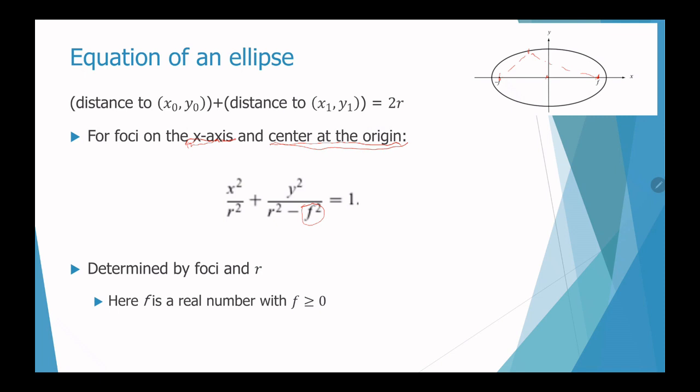Since we're centered at the origin, that would be impossible. It would no longer be an ellipse at that point. So this is what we have. And these are the general rules, determined by those two. And we have that f's a real number. All right.